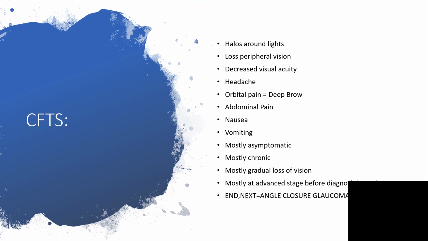So it's going to be there for a long time. And that's why by the time the diagnosis is actually made, it will be at an advanced stage, because the loss of vision is going to be gradual. Now, we're going to see scenarios where it's going to be acute, and not in open angle glaucoma. That is going to be acute angle closure glaucoma.